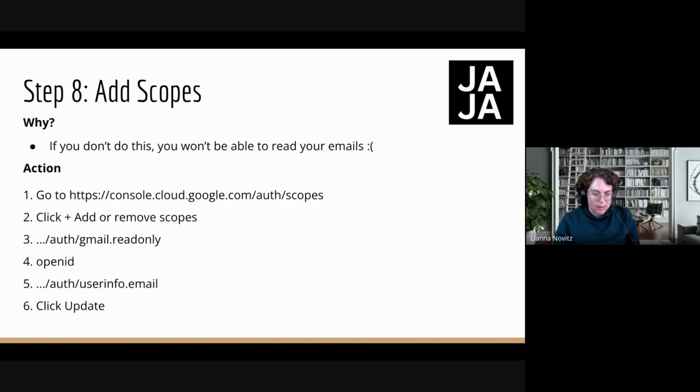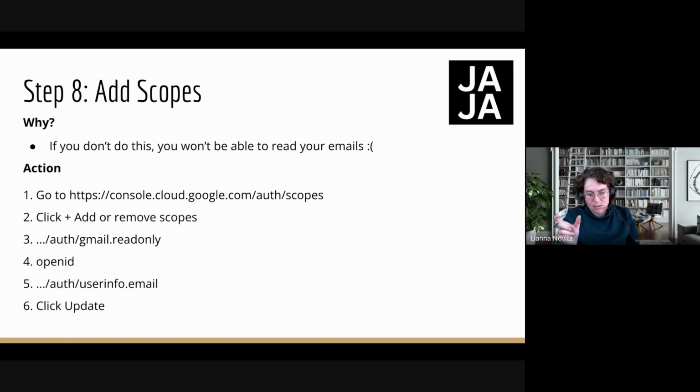So let's see, console.cloud. Navigate to the scopes URL and just put it in the chat, and click add or remove scopes. And then there'll be a little dialog box with a list of scopes.